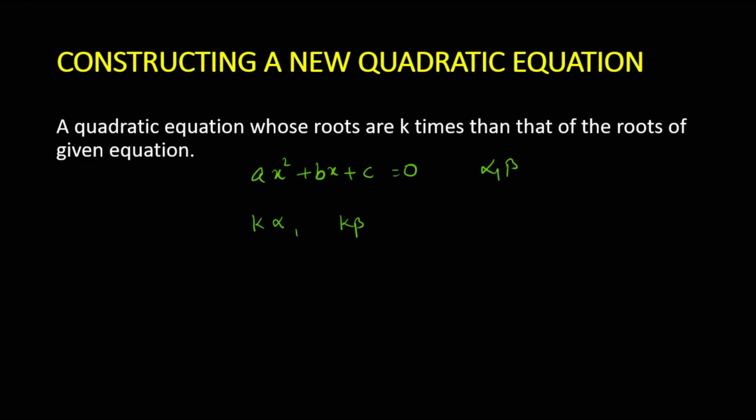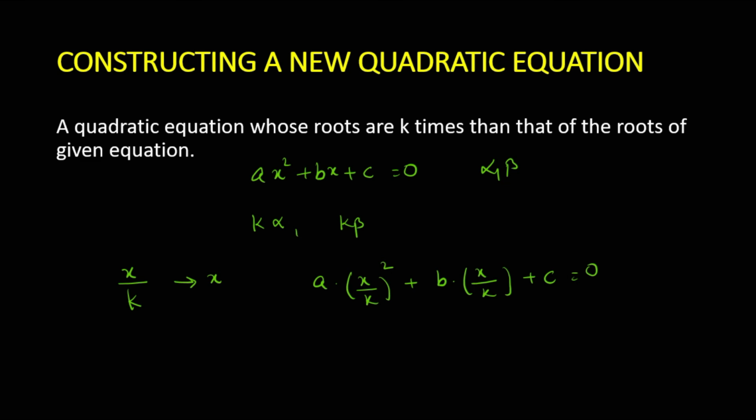So for the quadratic equation in this case, we have to put x over k in place of x. So we can write a into (x over k) square plus b into (x over k) plus c equals 0. This is the quadratic equation whose roots are k times the previous.